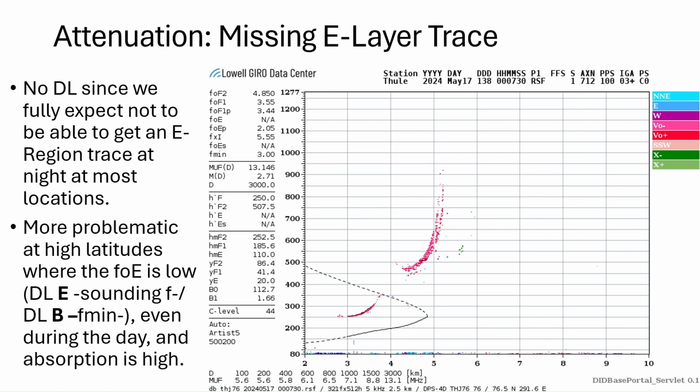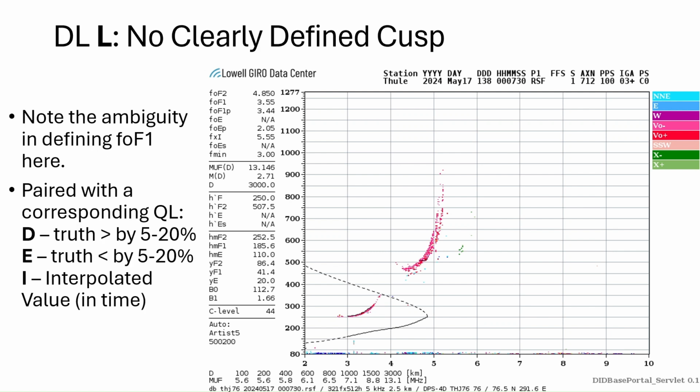So you might want to caveat why you're not seeing an E region trace during the daytime when you might expect to see one. Of course, it's not uncommon to not have an E region trace. It happens all the time at night, so we don't typically have a descriptive letter to say no E region trace. It's a regular occurrence.